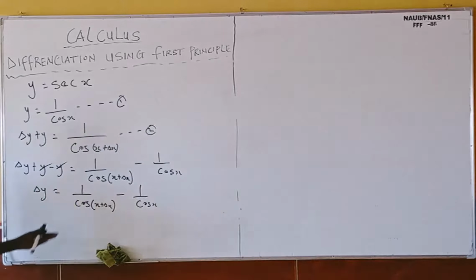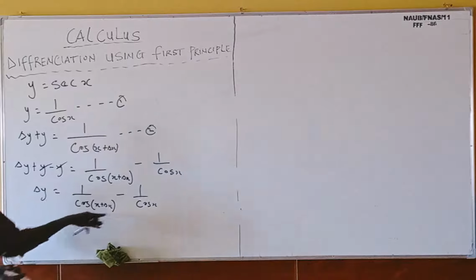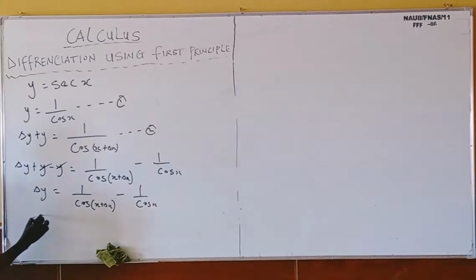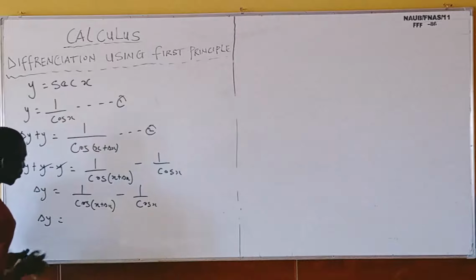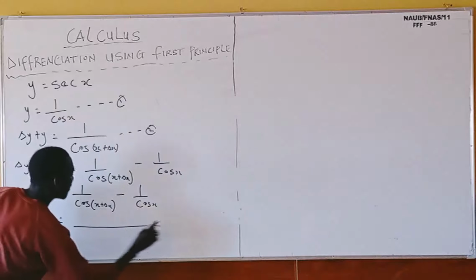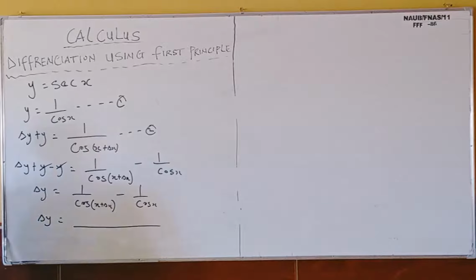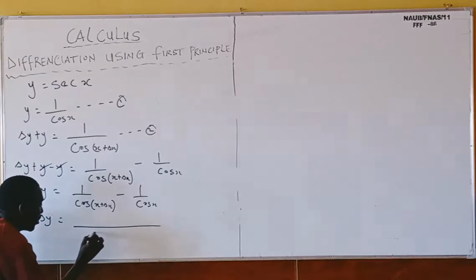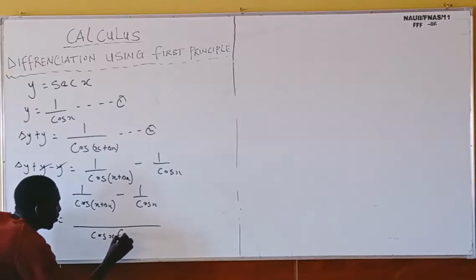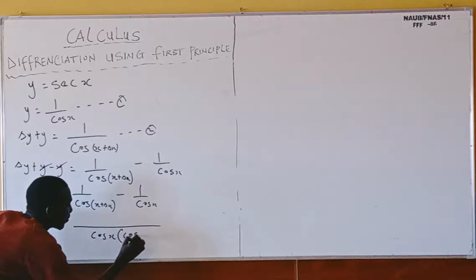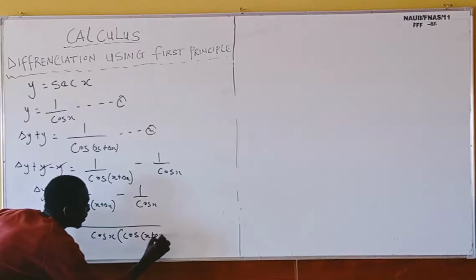Then the next thing is to find the LCM of this and this. The LCM of cos(s plus change in s) and cos s is nothing but cos s into cos(s plus change in s).